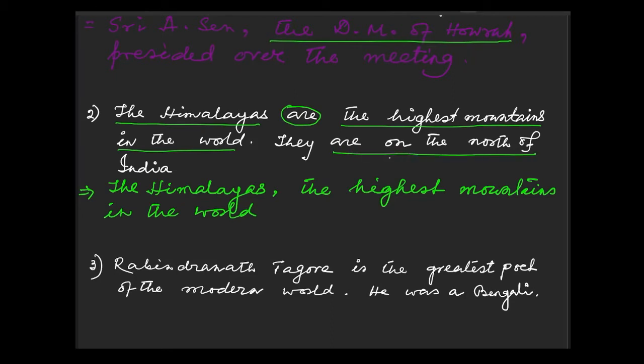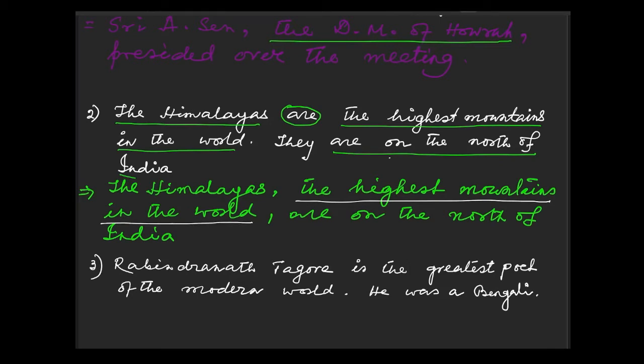Now for this part: are, comma, are on the north of India. The Himalayas, the highest mountains in the world, this is noun in apposition.